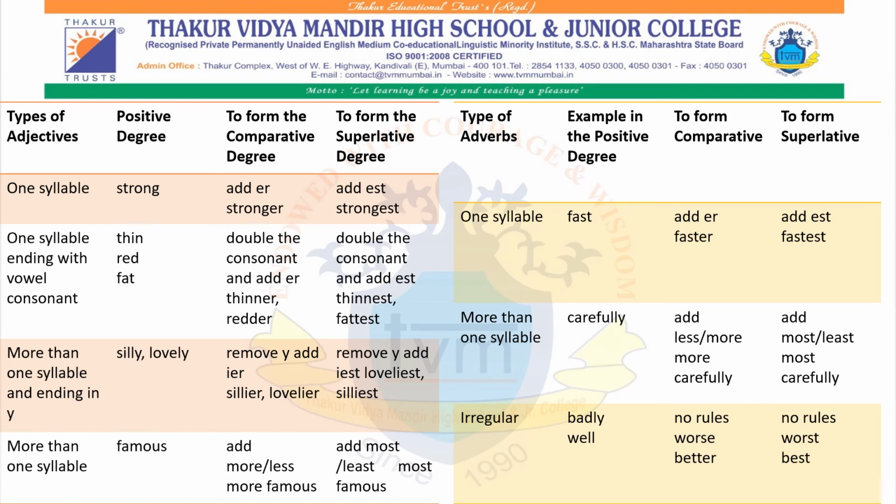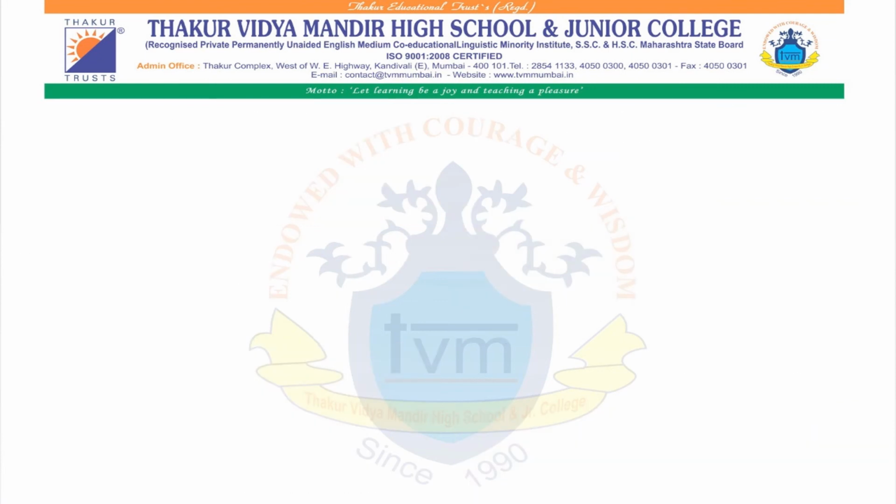If it is an irregular adverb, such as badly and well, there is no rule. There are some irregular adverbs, just like irregular adjectives, which we'll see in the next slide. So badly becomes worse in comparative and worst in superlative. Well is better in comparative and best in superlative.